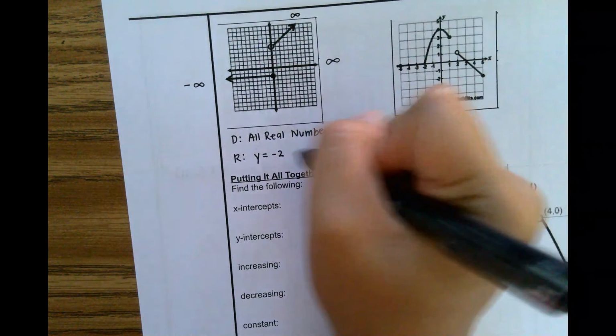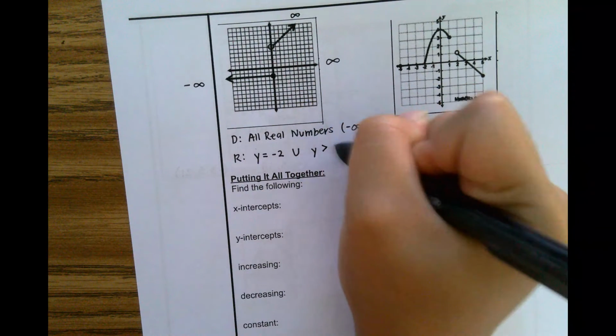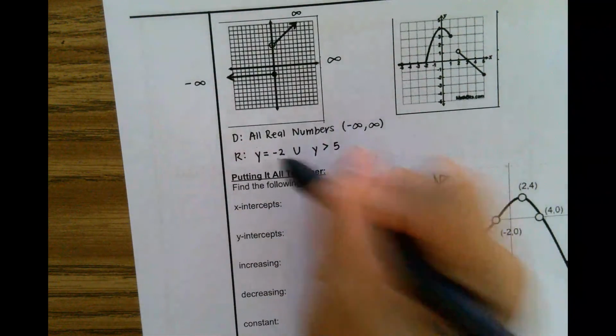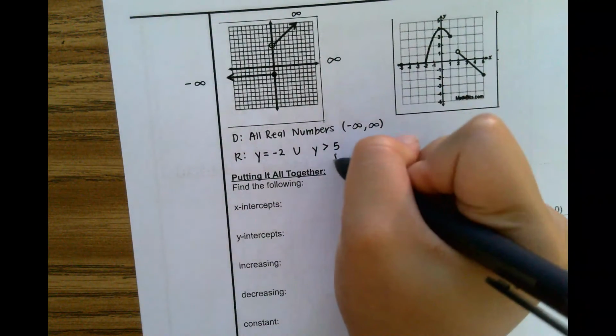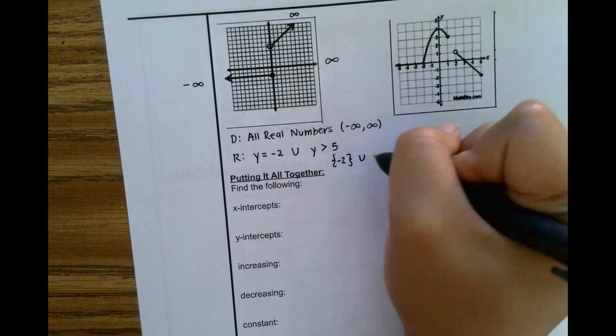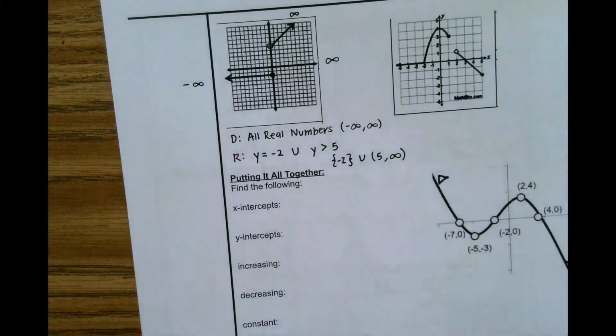So here, I also have everything that is bigger than 5. So in interval notation, it would be -2 by itself, and everything from 5 to infinity forever.